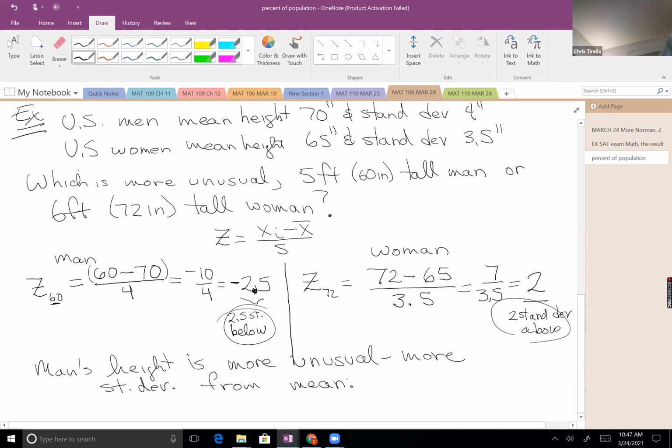He's further from the center. Do you see how using this z-score, we can compare that one man to all the men, we can compare that one woman to all the women and see which is more out of the ordinary? Does that make sense?